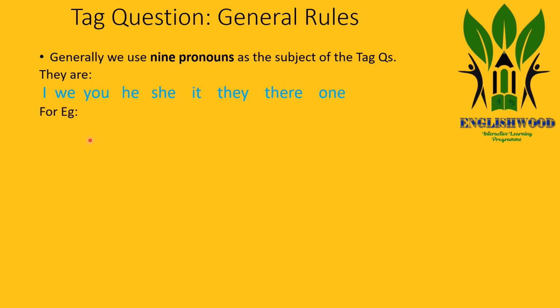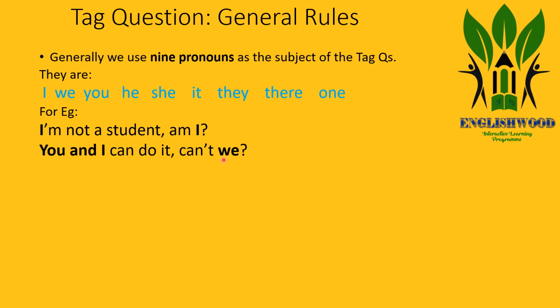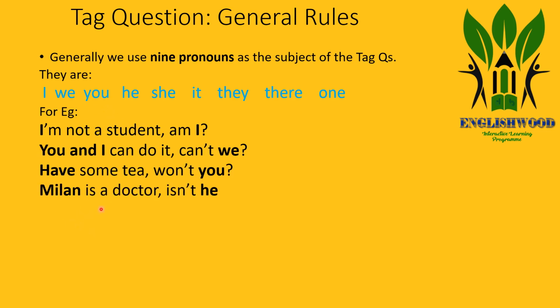For example, I am not a student, am I? So I is used here. You and I can do it, can't we? We. Have some tea, won't you? You. Milan is a doctor, isn't he? He. She can play, can't she?